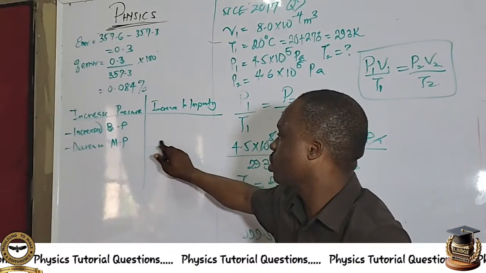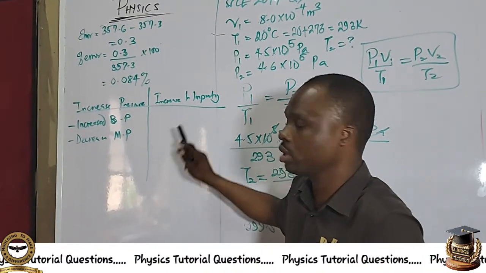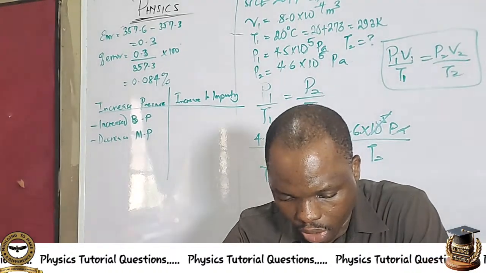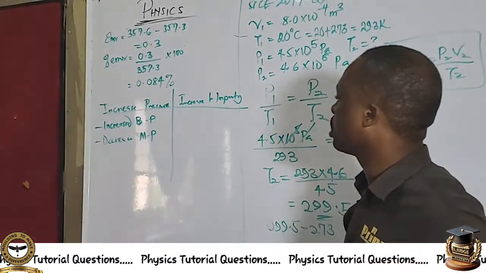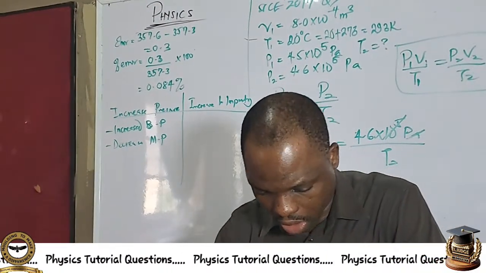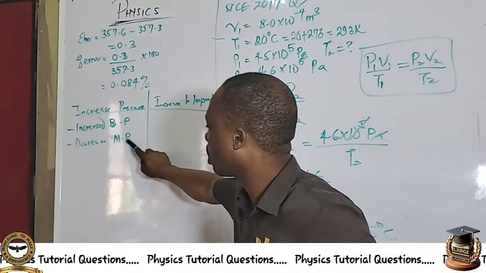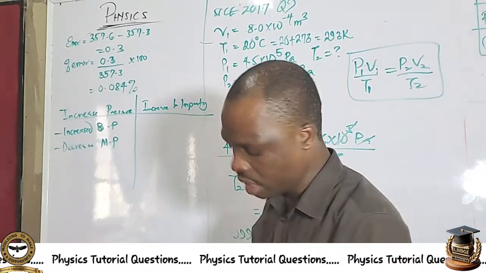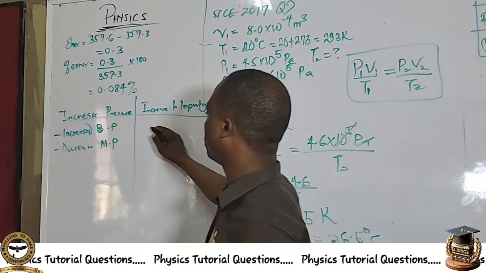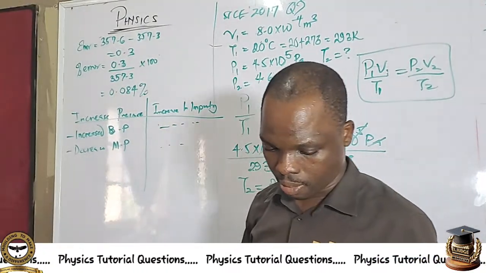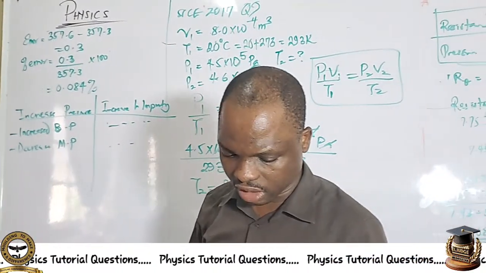So this lowers the melting point, and this increases the boiling point. Increase in pressure decreases the melting point. That's correct. So for increase in impurity, it increases the boiling point and also decreases the melting point.